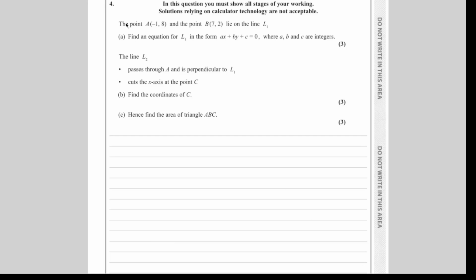Question 4. The point A minus 1 comma 8 and the point B 7 comma 2 lie on the line L1. Part A, find an equation for L1 in the form ax plus by plus c equals 0, where a, b and c are integers. So we have to find an equation for L1. There is a point A minus 1 comma 8. I'm getting point A somewhere here, randomly, so let's label minus 1 comma 8.